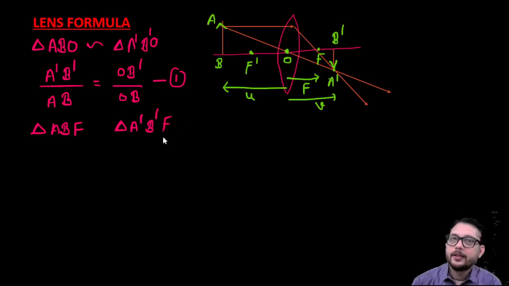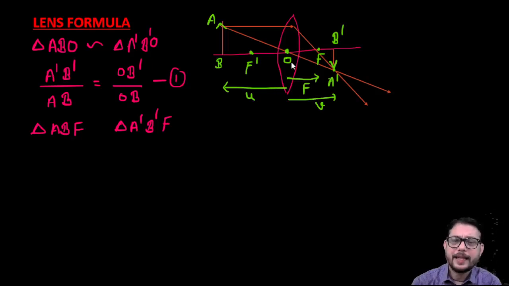Okay, now there is a problem here. A dash B dash F is clear, you can see in the diagram. This is your A dash, that is B dash, that is F. So the triangle A dash B dash F is absolutely clear here, but as you see ABF, it means you have to jump this length, which is not actually possible.